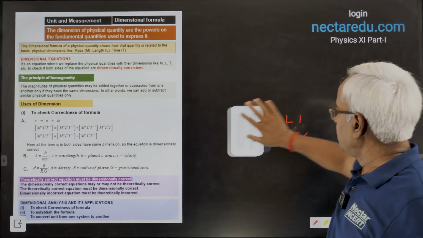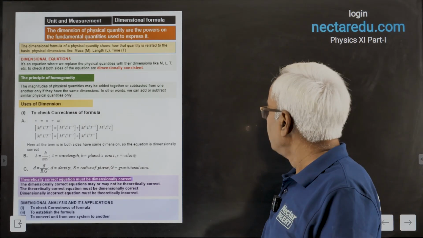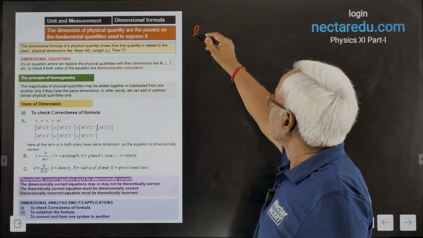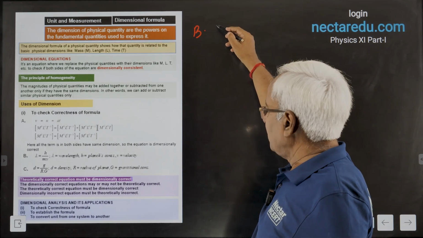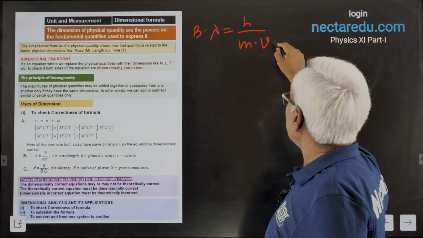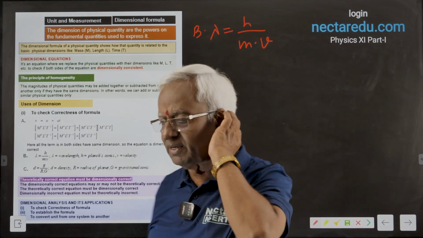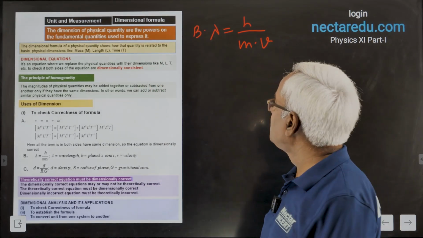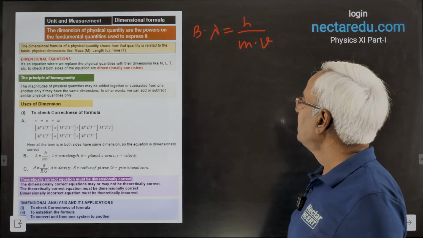Now let's proceed with a bit more, an example you might say is rare in use: lambda equals h upon mv. That equation becomes relevant in modern physics, but here it is just an example.